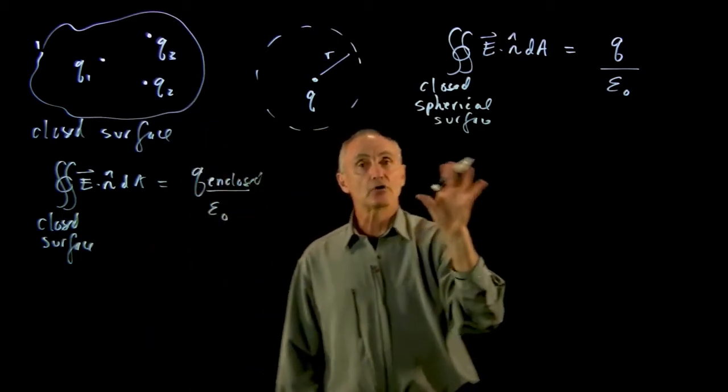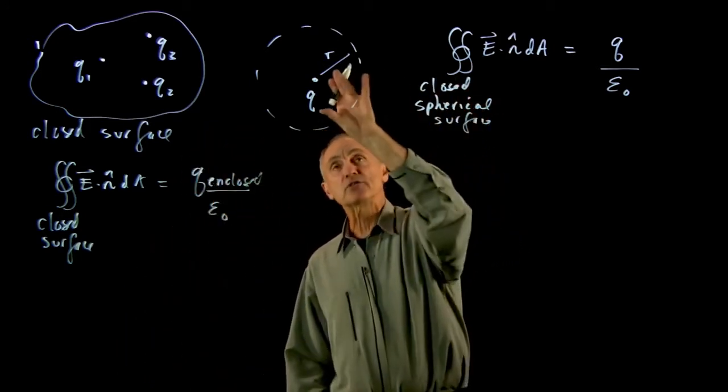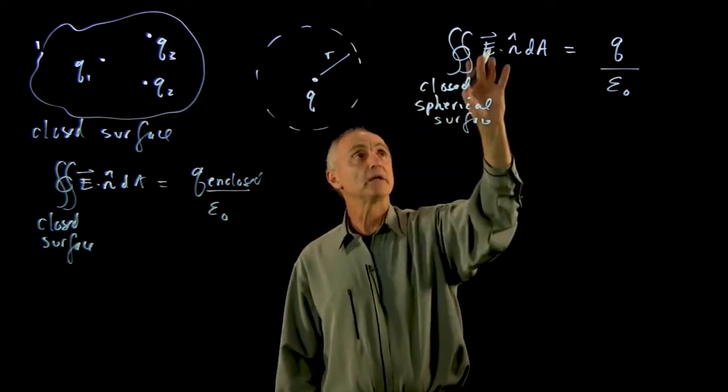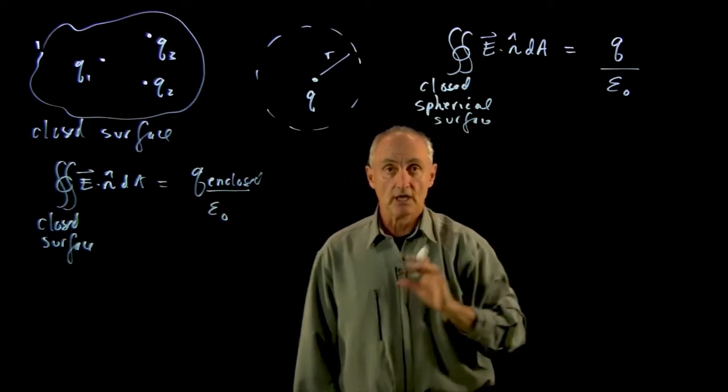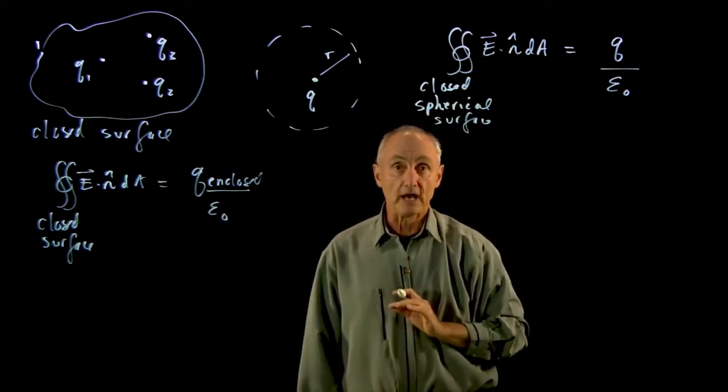And our goal now is how are we going to go from this nice simple result that depended on the electric field being an inverse square field into a more general case. And so we'll start to do that proof now.